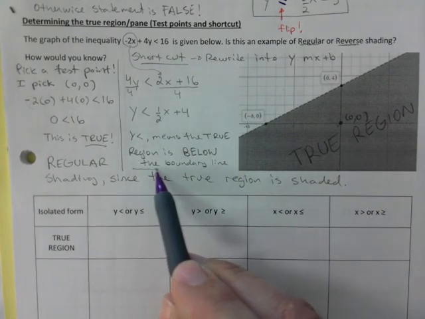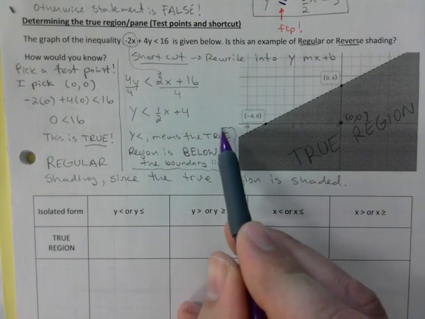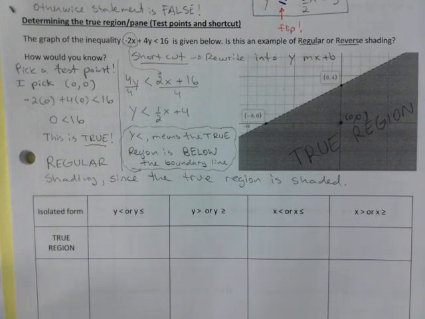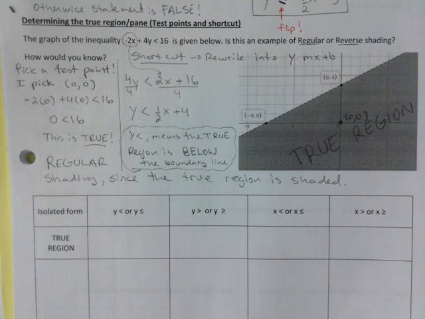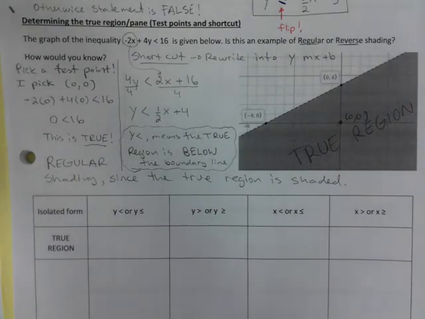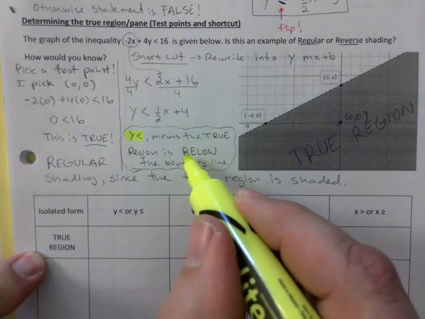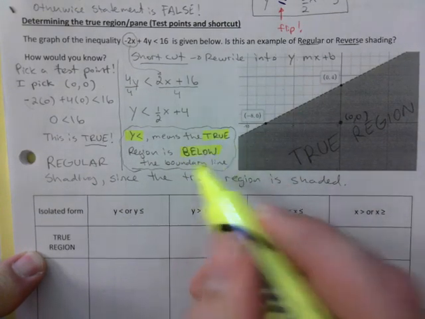I'm going to put this in like a cloud. Make sure you write that down. I'm going to highlight that as well. y less than means that the true region is below the boundary line.